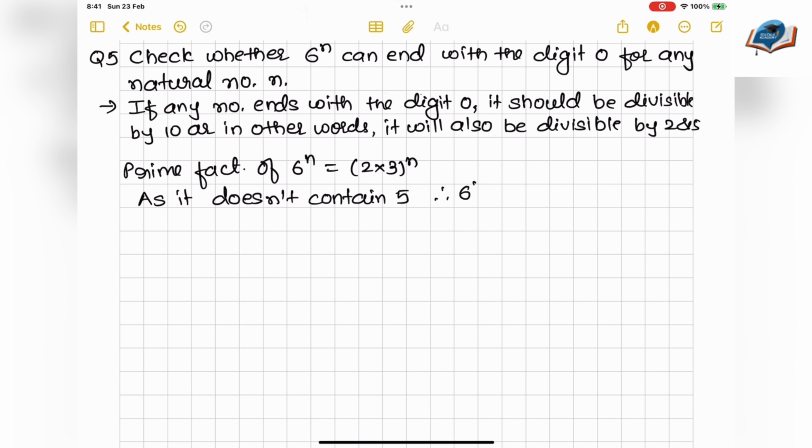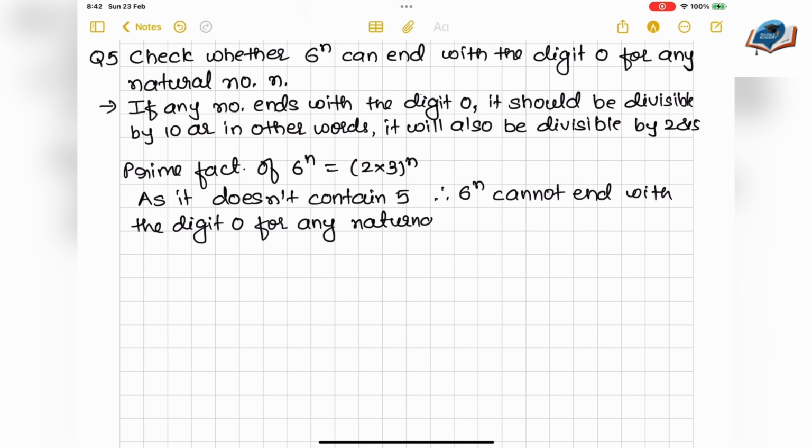Therefore 6 raised to n cannot end with the digit 0 for any natural number n.